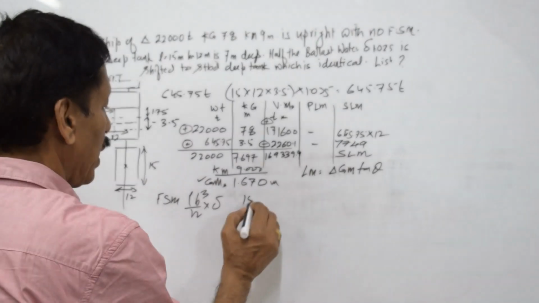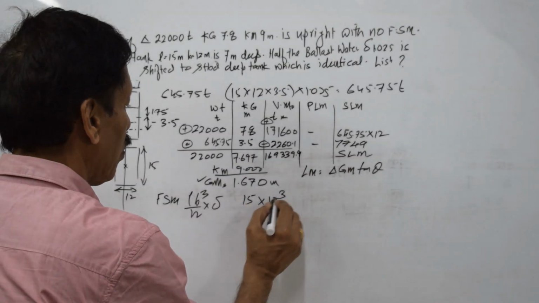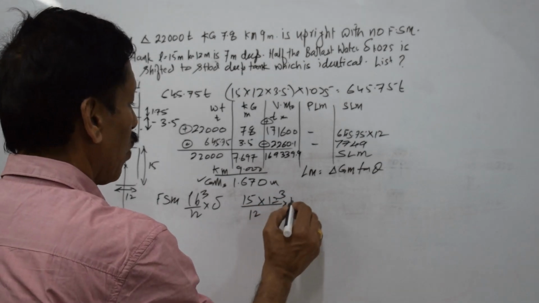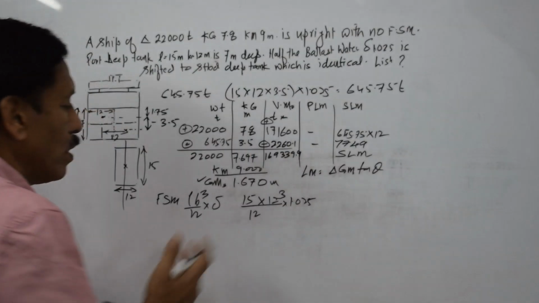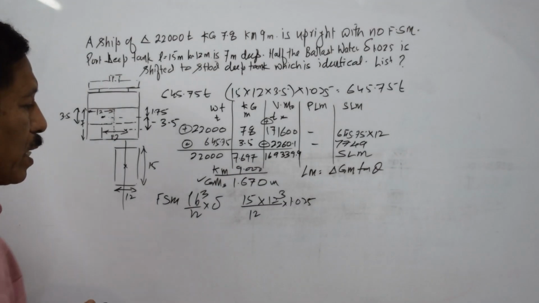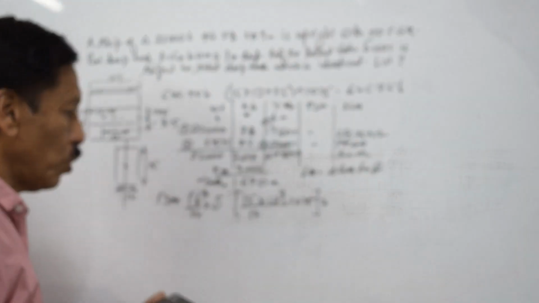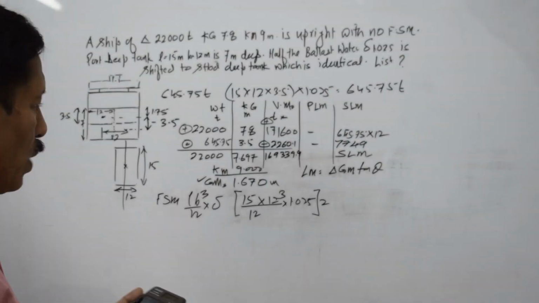So it is 15 into 12 cube upon 12 multiplied by 1.025. This is the free surface moment for one tank, and for the two tanks it would be multiplied by 2.